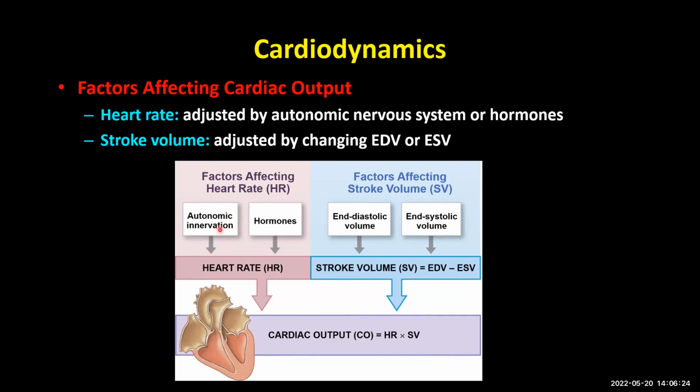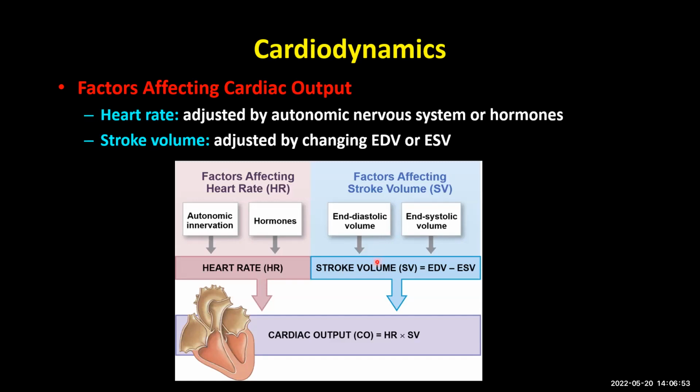If you see any changes in these, you will have a change in the heart rate. Normally, if the heart rate is between 60 to 100, that's good. If the heart rate increases a lot, there will not be enough time for the ventricles to fill. If you slow it too much, then not enough blood is pumped out. So the normal is to keep the heart rate between 60 to 100.